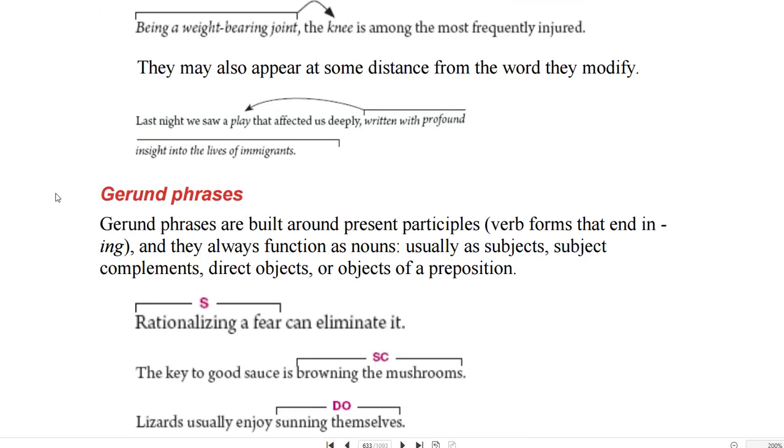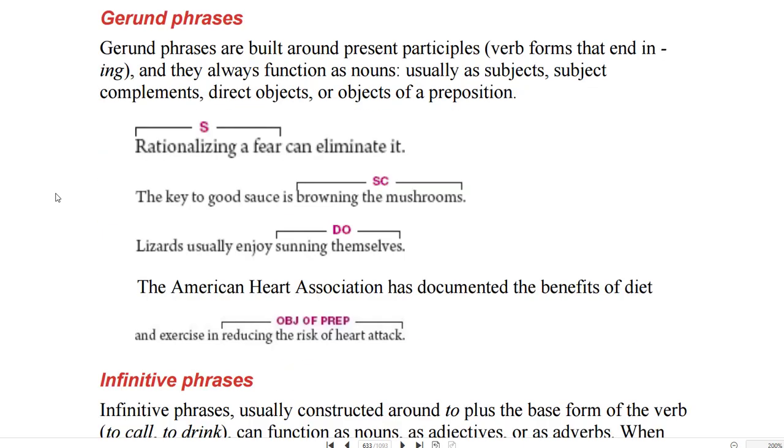Gerund phrases are built around present participles, verb forms that end in ing, and they always function as nouns, usually as subjects, subject complements, direct objects, or objects of prepositions. Rationalizing a fear, that's a gerund subject, can eliminate it. The key to a good sauce is browning the mushrooms.